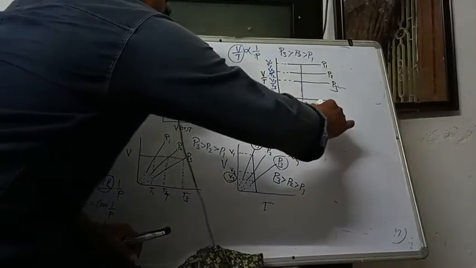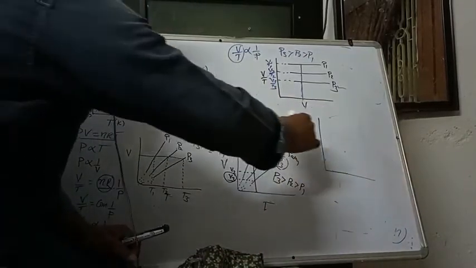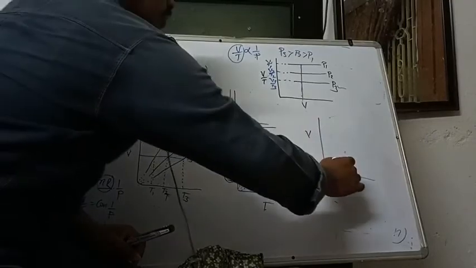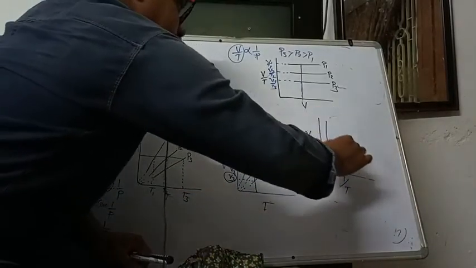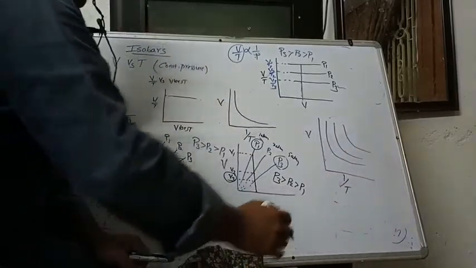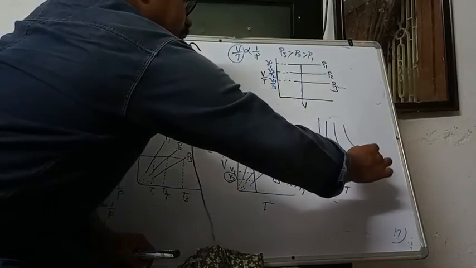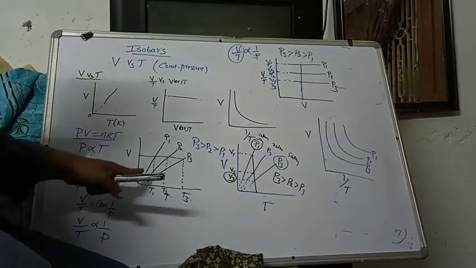And one more thing. Here, V versus 1 by T graph. I told you that it will be a hyperbola. This will be P3, this will be P2, this will be P1. Same thing.